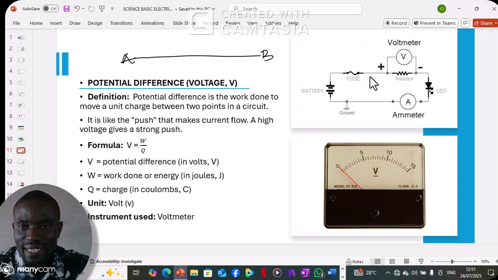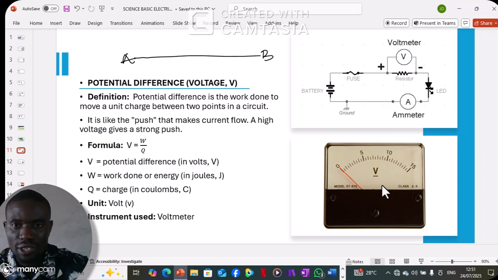What you are seeing here is called an electric circuit. When we get there, I'm going to explain what electric circuit means. I'm going to explain everything to you, but I want you to just understand each symbol, one after the other, as we continue.